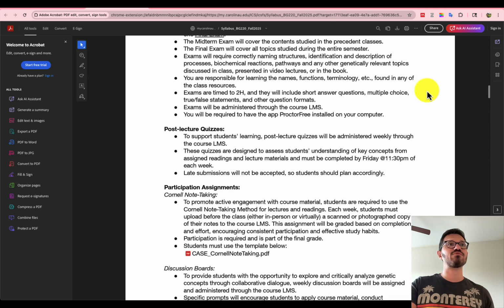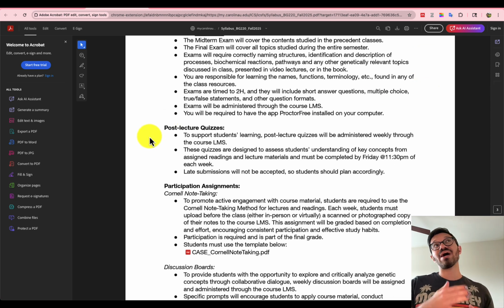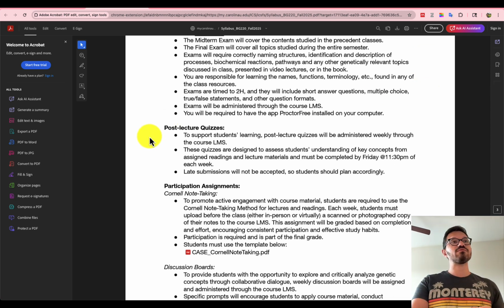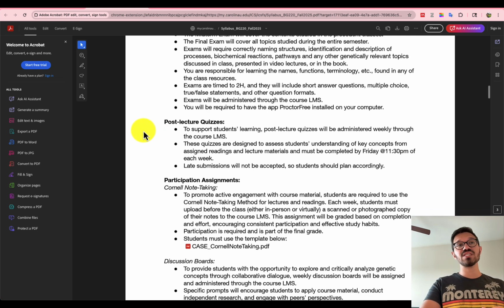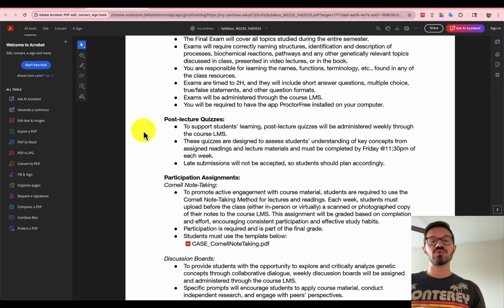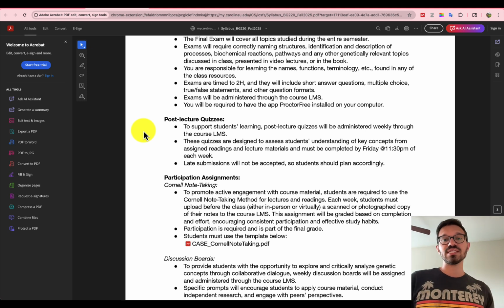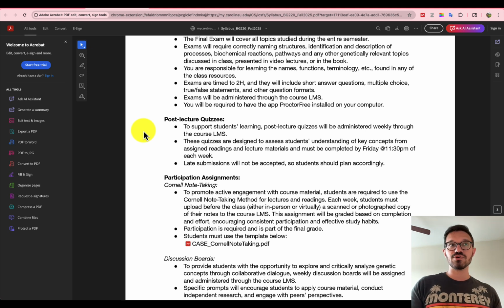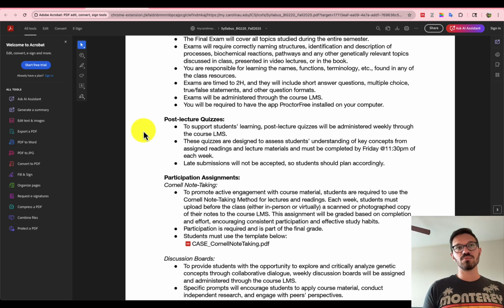Also, by the end of every week, you have a post-lecture quiz that you have to take. The post-lecture quiz opens when the week opens and then closes by Friday at 11:30. So you have all the way to Friday at 11:30 to get your quizzes submitted. Those quizzes are more simple.